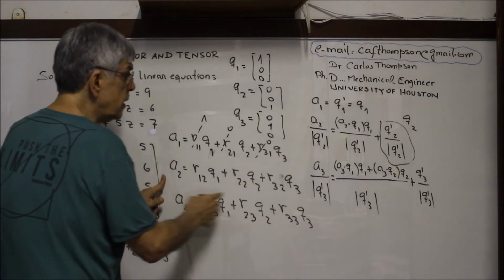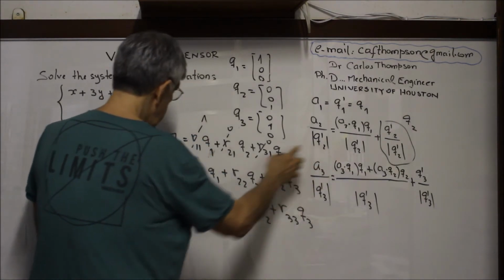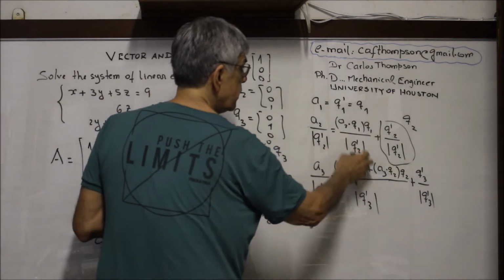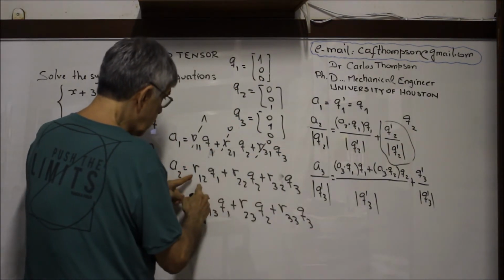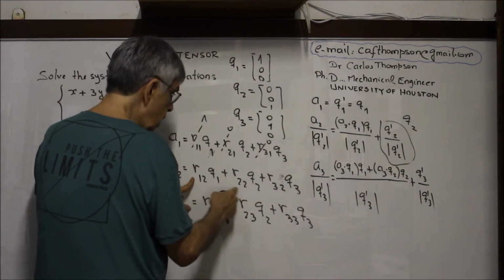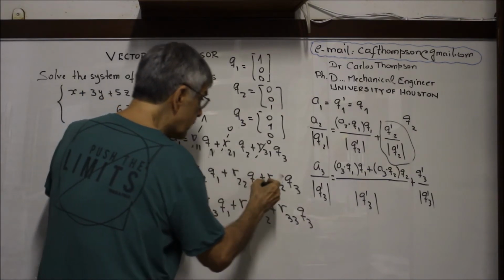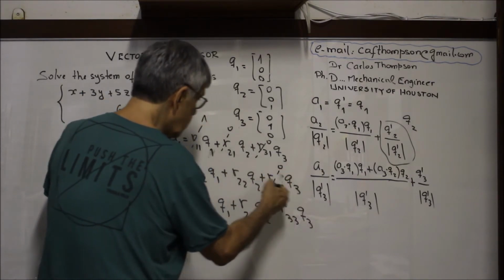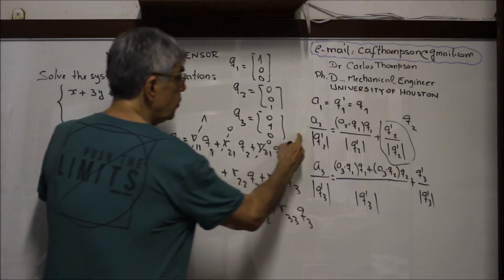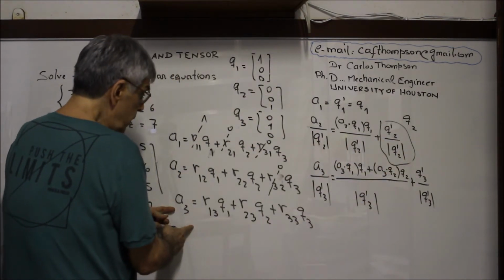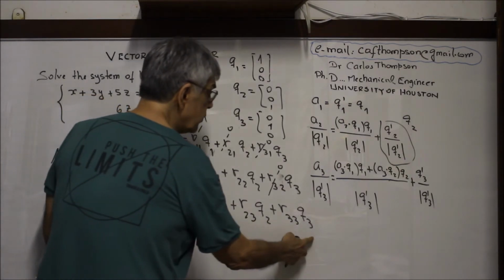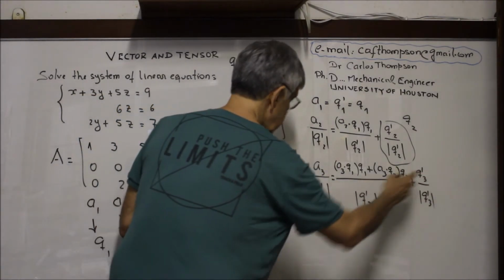Now, look at here and here, okay? There is a Q1 here and Q2 here. So, R12, R22 are different from 0, but R32 is 0, because in A2 there is no Q3. This A3 has Q1, Q2, and Q3.